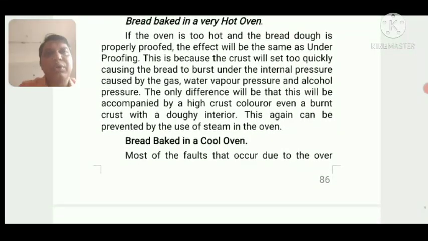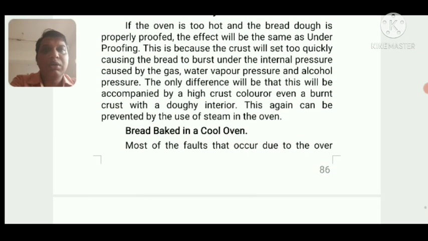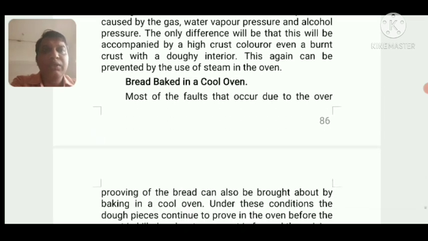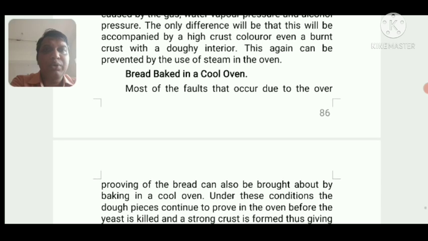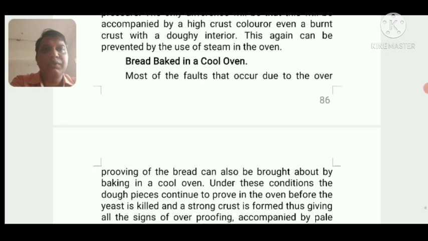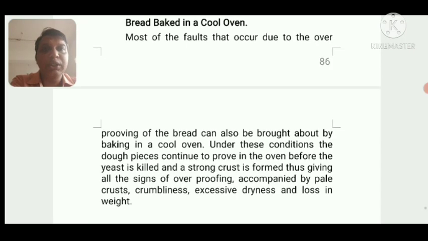So it is very important for all of us to understand that the temperature should be up to the desired temperature which we need. Then we have bread which is cooked in a cool oven. If there is no desired temperature in the oven and we put our product in, the first thing that will happen is the loss of moisture content.